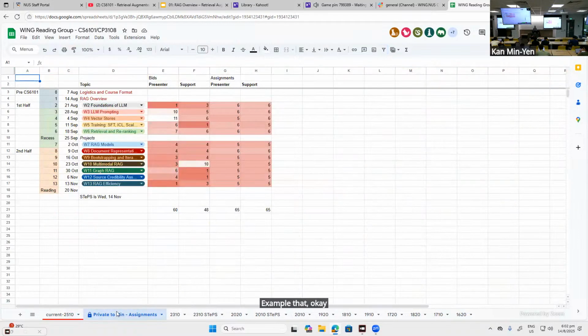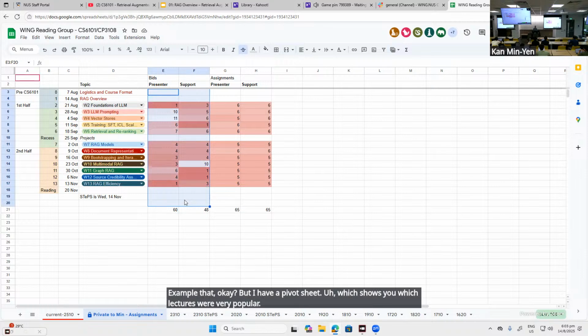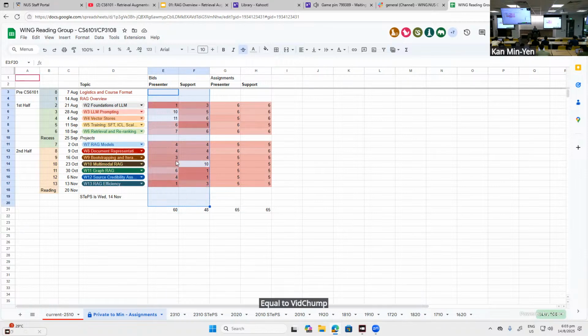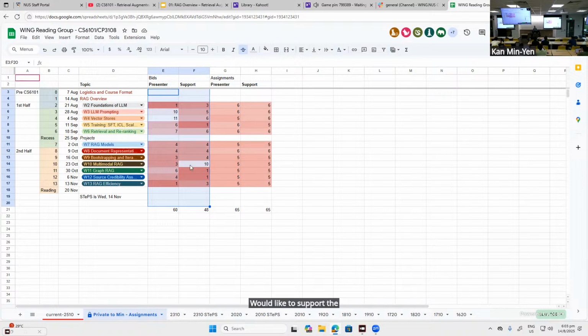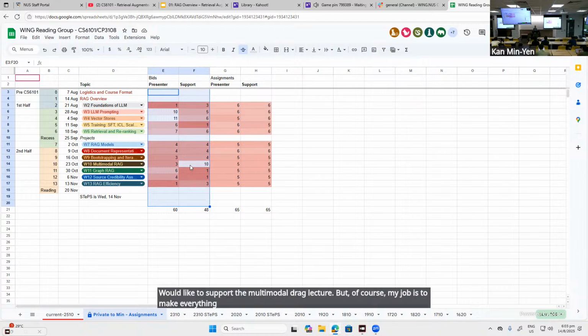I have a pivot sheet, which shows which lectures are very popular for people to bid for. A lot of people want to talk about vector stores and prompting, and would like to support the multimodal RAG lecture. But of course, my job is to make everything as flat and uniform as possible.